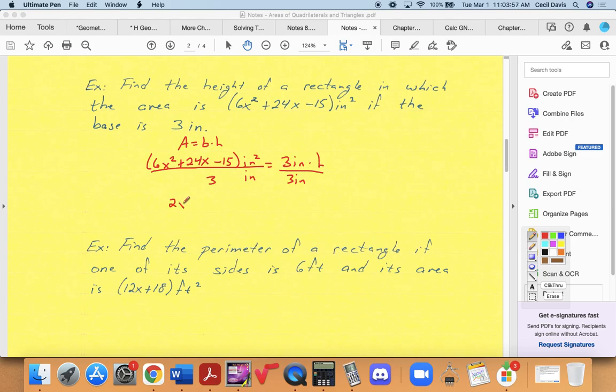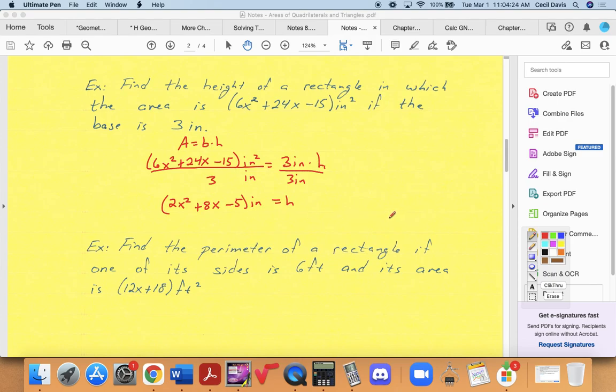So that'll be 2x squared plus 8x minus 5. And what is inches squared divided by inches? Inches. So I need this all in parentheses. Inches is the height. The reason you need the parentheses is because if you don't, you're saying the only part that's inches is the 5.